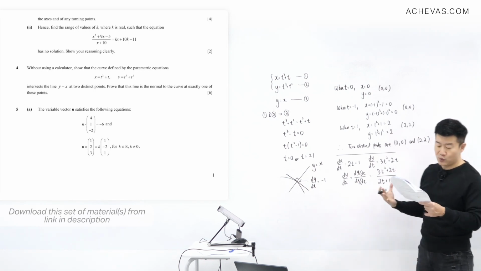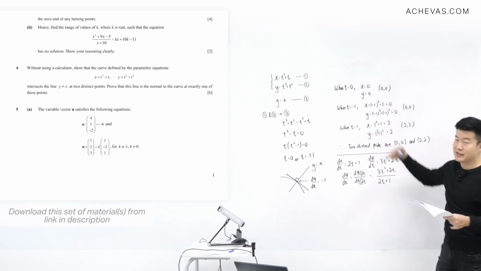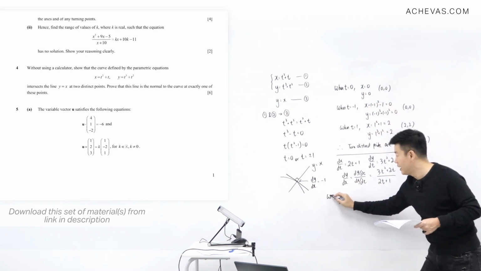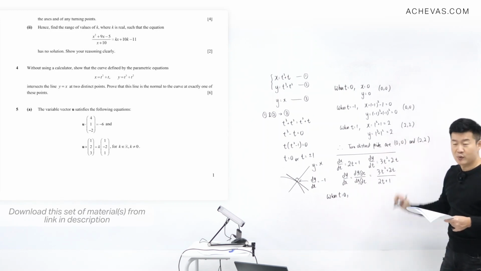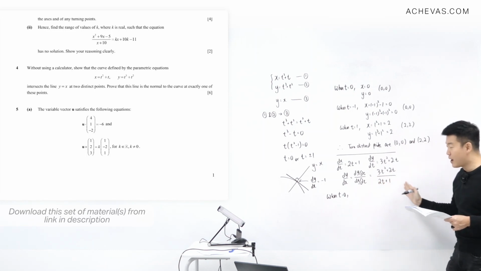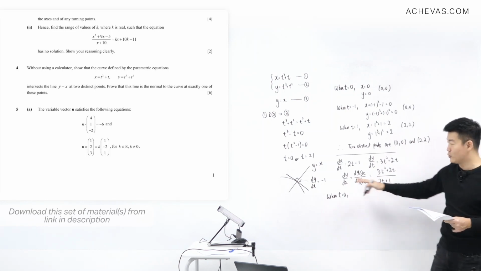Now let's go through the 3 different values of t one by one. When t is equal to 0, we want to see for ourselves, with numbers, that only one of the dy dx is equal to -1.